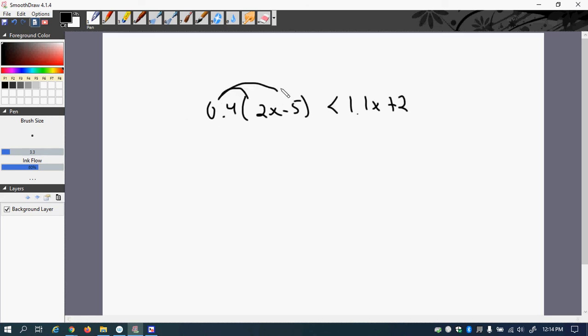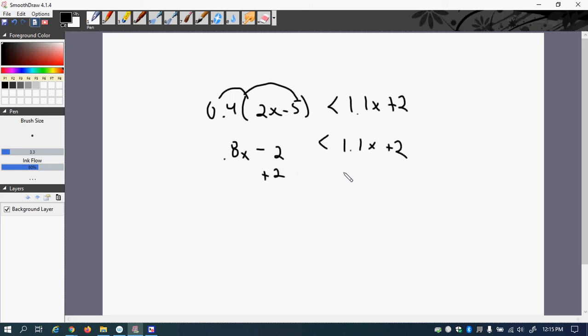So 0.4 times 2 is 0.8. Oops, I make that mistake, I don't know what causes that. So I get 0.8x minus 2, because 5 times 0.4 would be 20, but it's point, so it's 2. And then we have 1.1x plus 2.